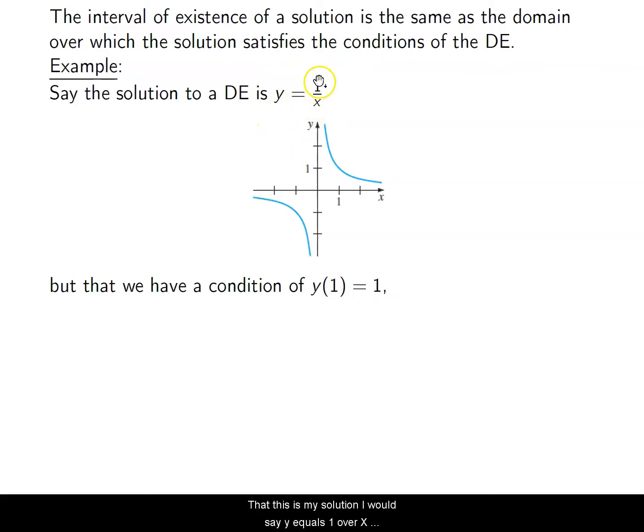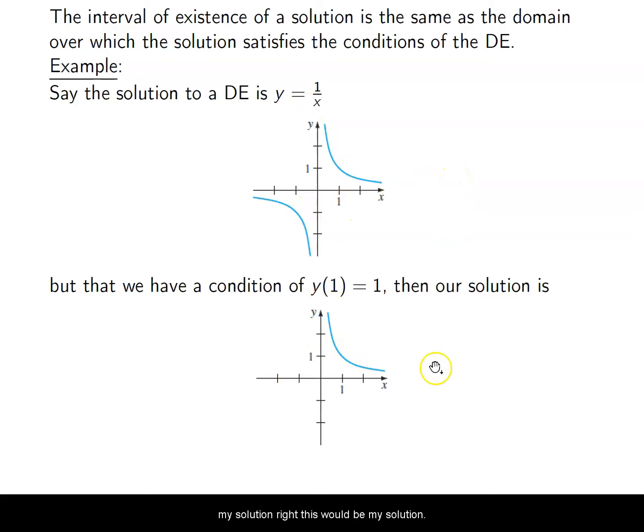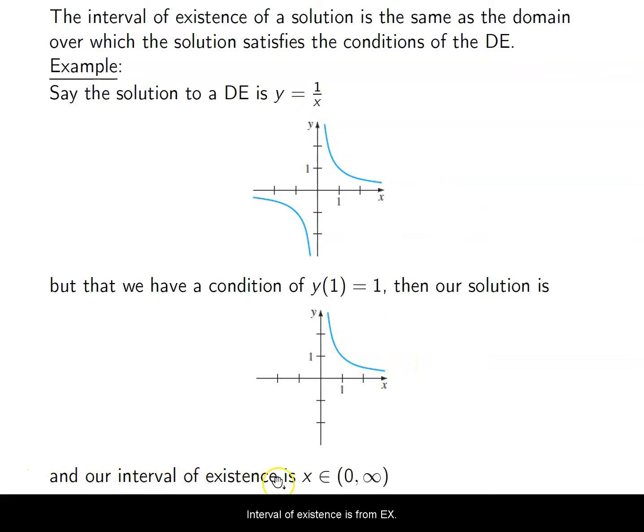I would say y equals 1 over x over this specific interval from 0 to infinity, not including 0, is my solution. And the interval of existence is x from 0 to infinity, not including 0, obviously not including infinity because it's infinity. So now I would have an interval where my solution works for my function.